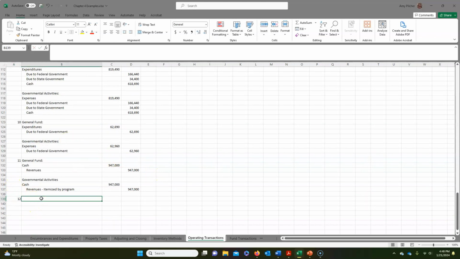So in both, due to federal government and due to state government and vouchers payable.